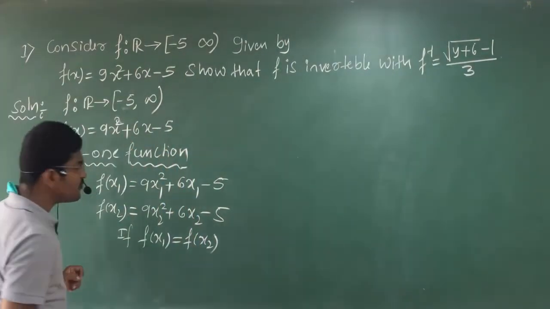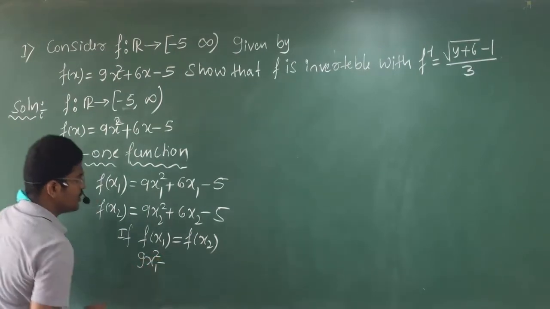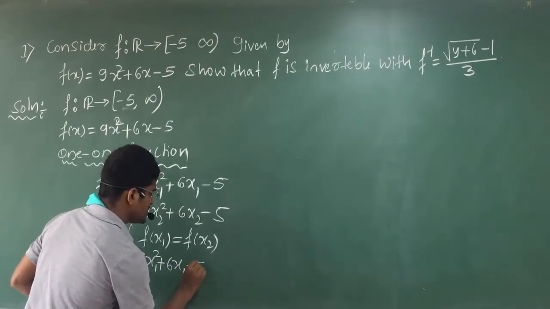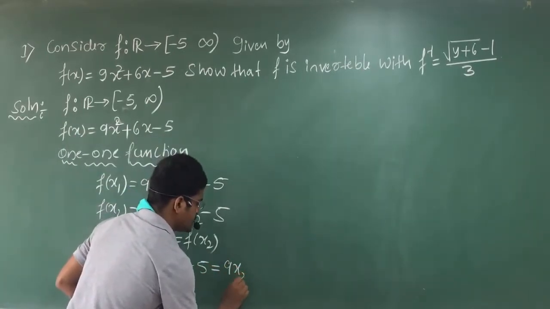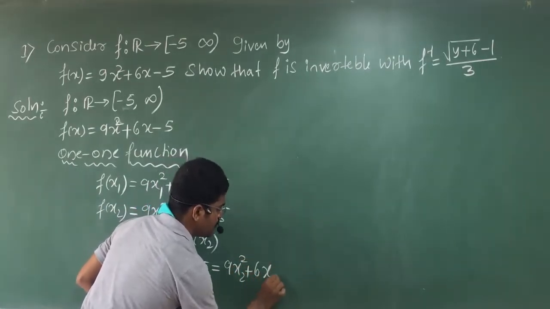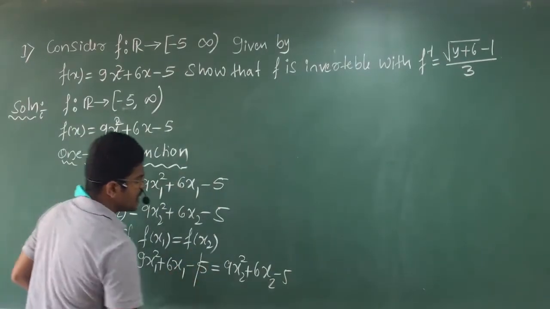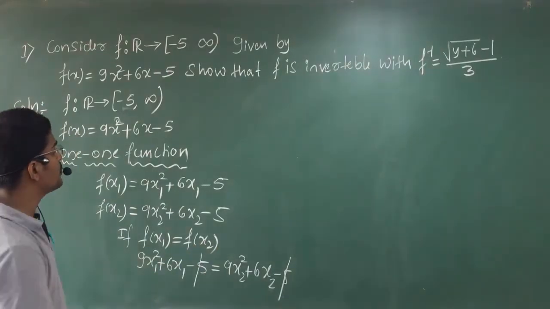Okay, so f of x1 equal to 9x1 square plus 6x1 minus 5, that is equal to 9x2 square plus 6x2 minus 5. So now cancel minus 5 and minus 5. Both are the same terms, no problem.